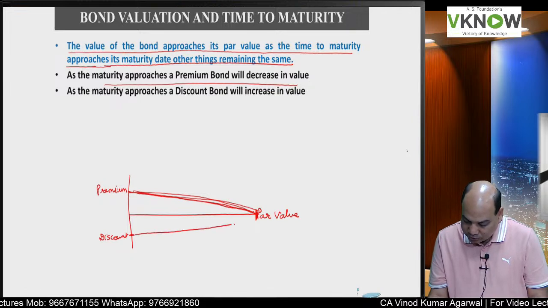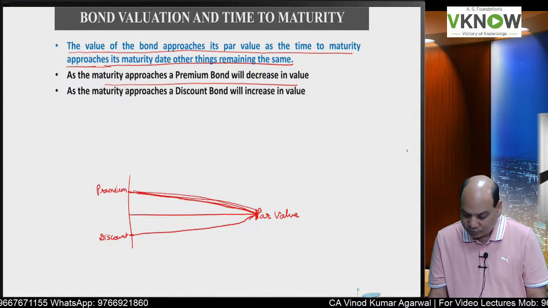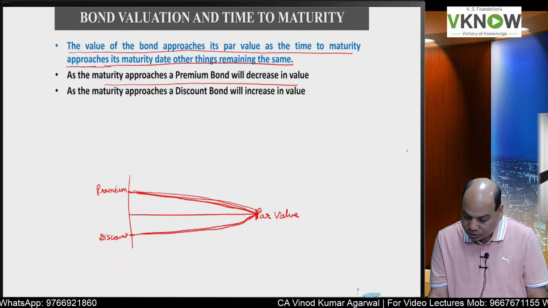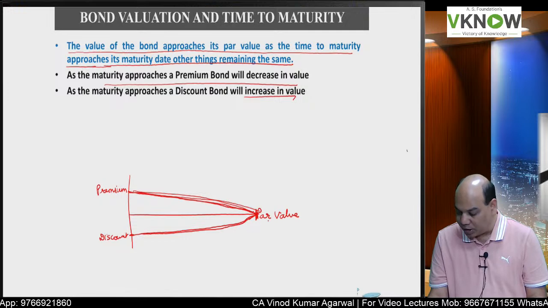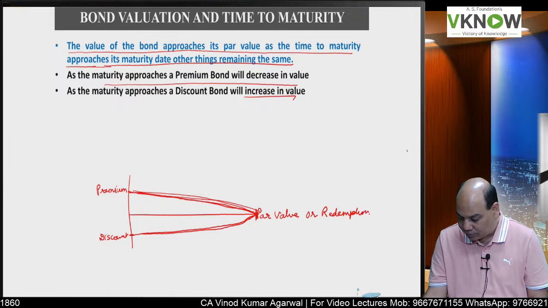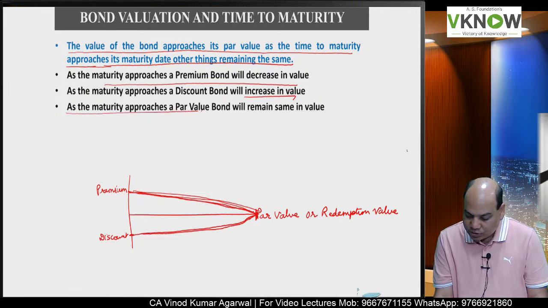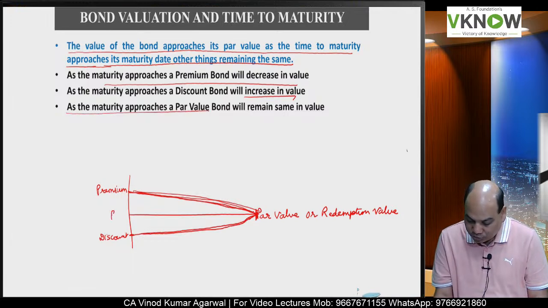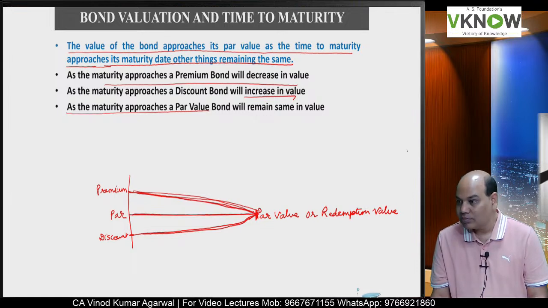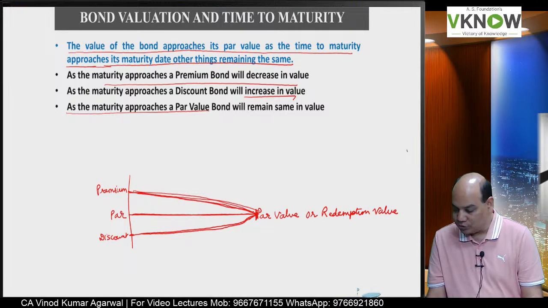Its value will increase slowly and become equal to its par value or redemption value on maturity. If it is a par value bond, it doesn't matter, its value will remain the same. If it is a 1,000 rupees bond, it will remain 1,000 only.